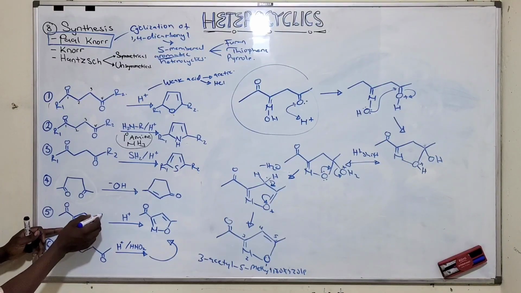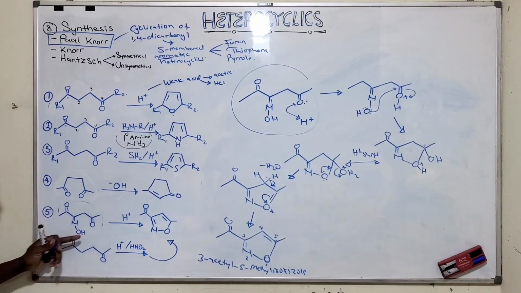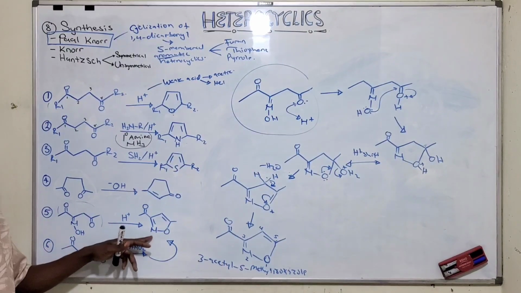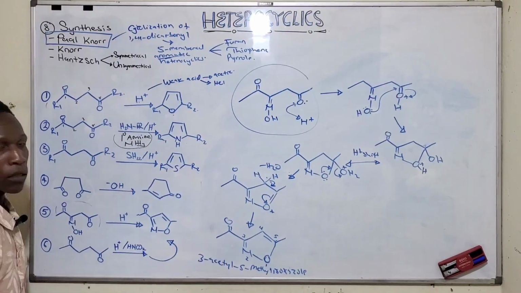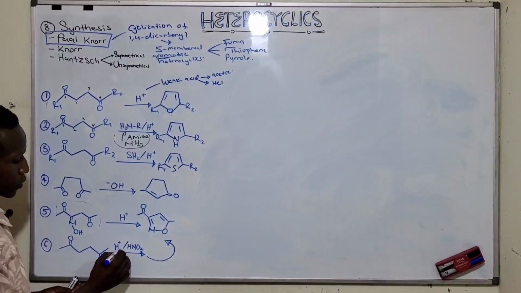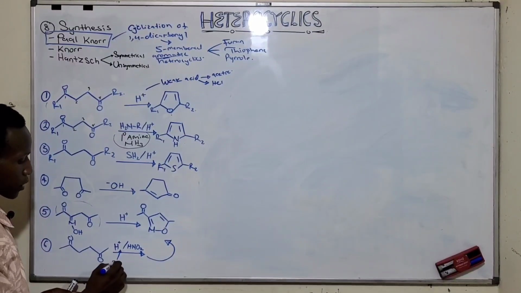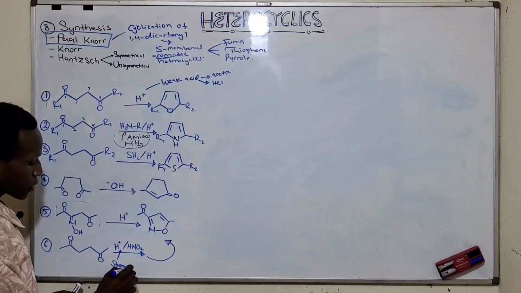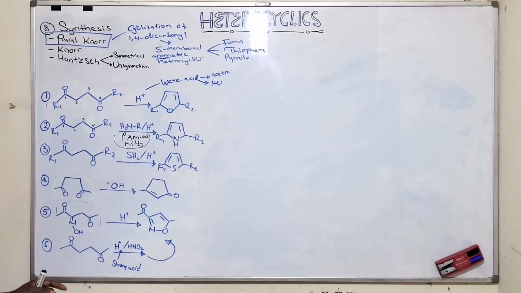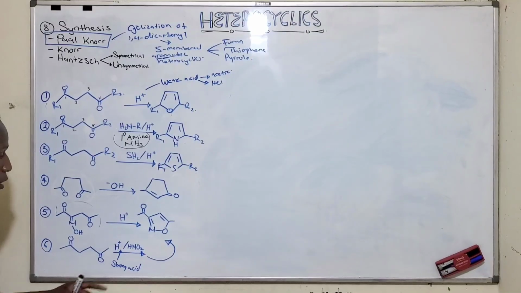Remember, this is oxygen. This is oxygen. Let's see whether from this we can form this. How is the mechanism? Yes, for this reaction, this one must be a stronger acid reacting with this weak acid such that we can form this product.